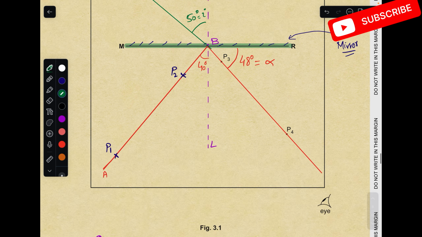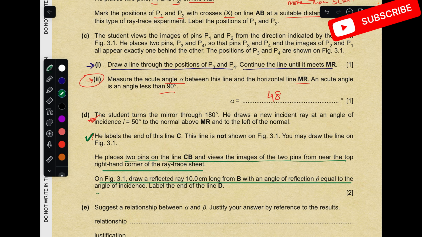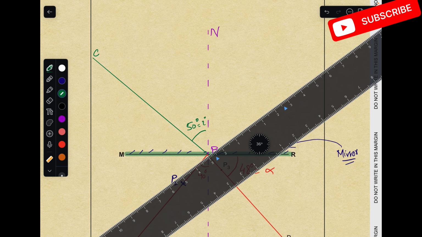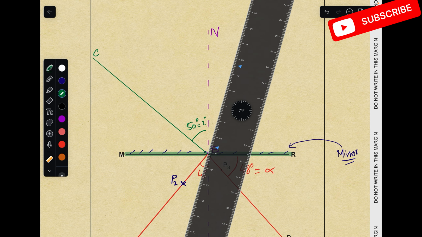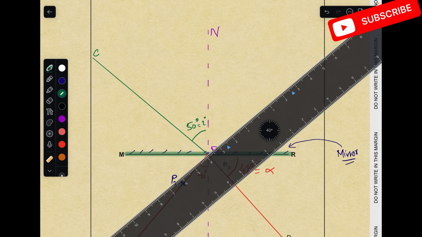Next part: he places two pins on the CB and views the image of the two pins from near the top right hand corner of the ray trace sheet. On figure 3.1, draw a reflected ray 10 centimeters long from B with an angle of reflection beta equal to the angle of incidence. Label the end as D. So now you have to draw the reflected ray. If the normal is 90, I am moving there.